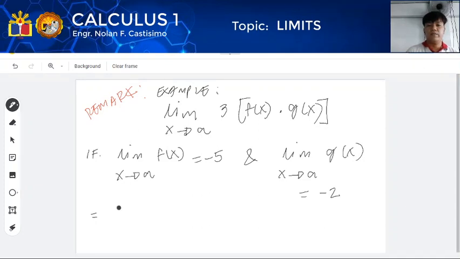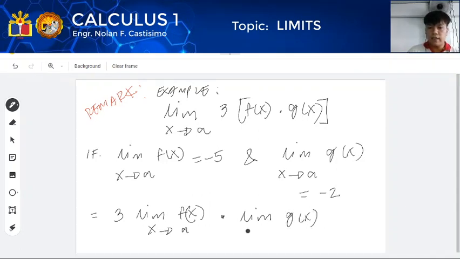Equals. Okay, so ilabas natin si 3. 3, then the limit of f of x as x approaches a multiplied to limit of g of x as x approaches a.